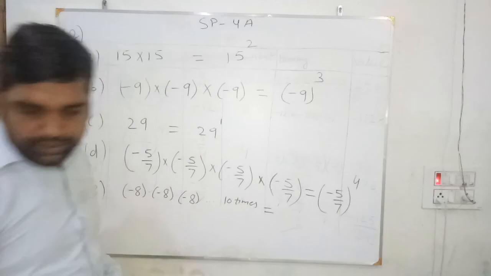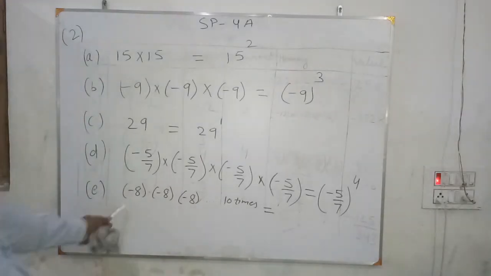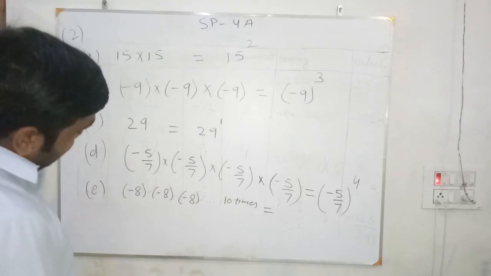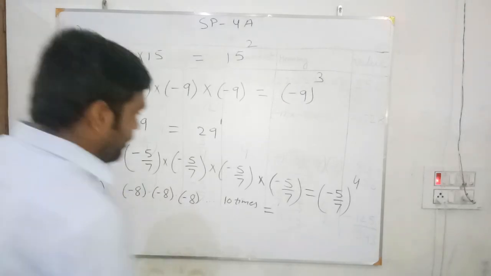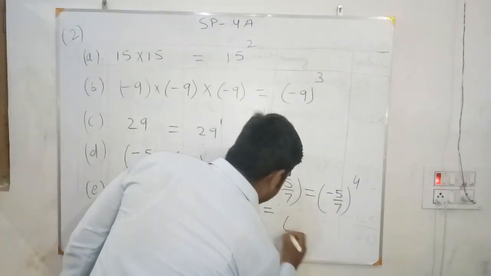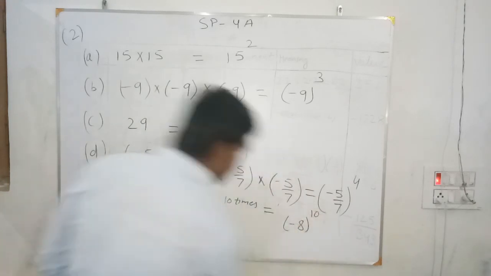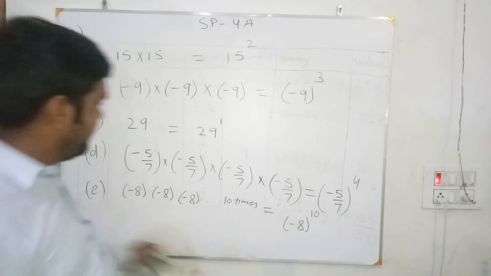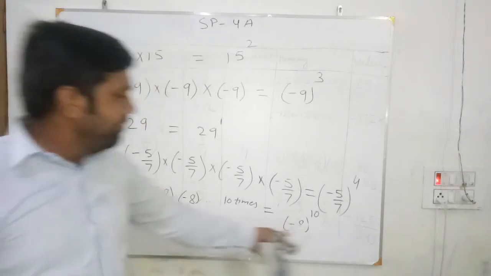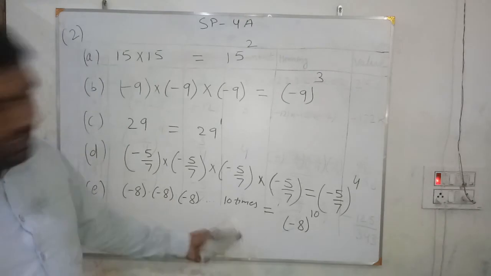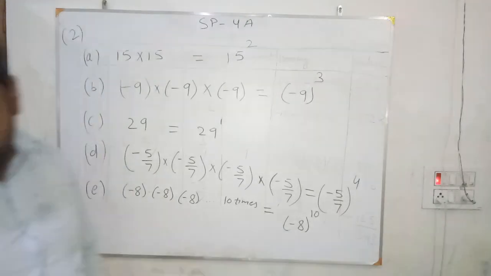So in this question, the base is minus 8 and it is multiplied how many times? 10 times. So the answer in exponent form will be minus 8 to the power 10. The base is minus 8 and the number of times is the exponent. So this base is multiplied by itself 10 times, and the answer will be minus 8 to the power 10.